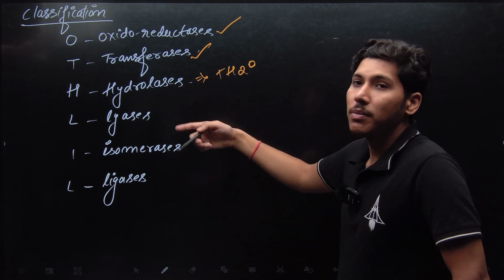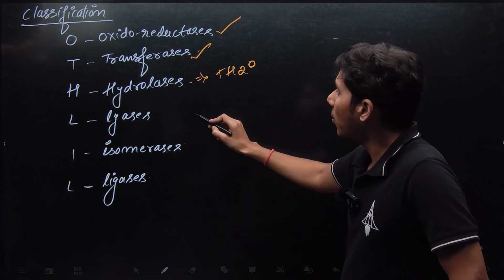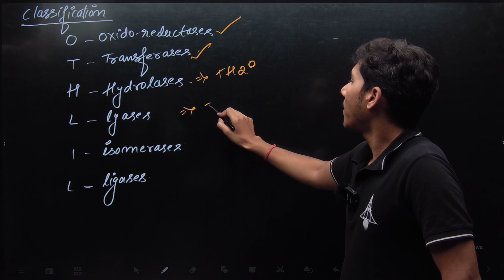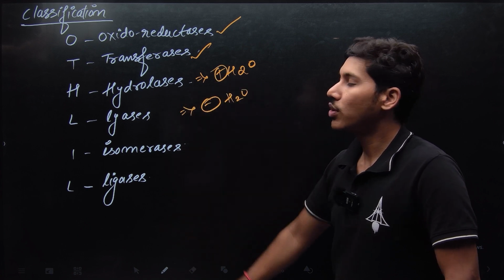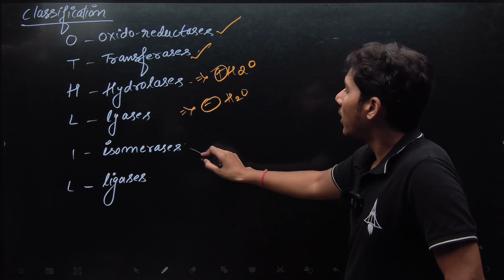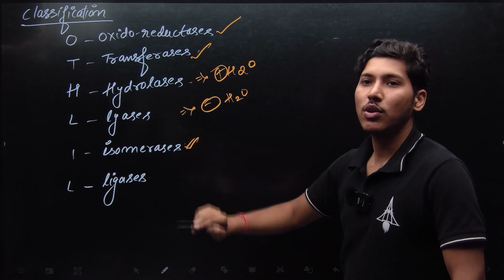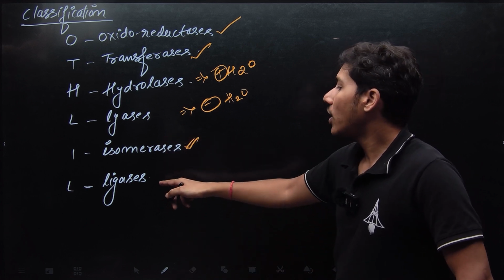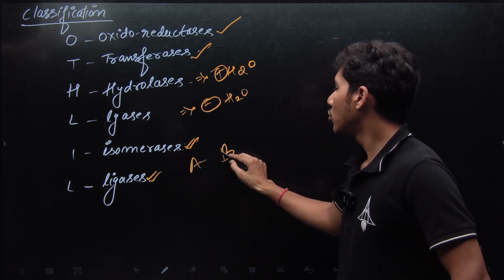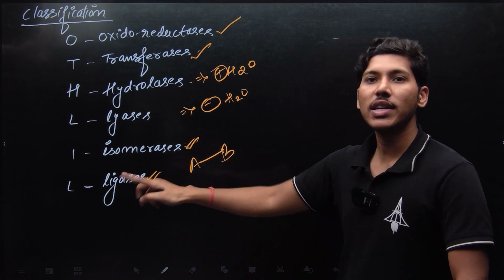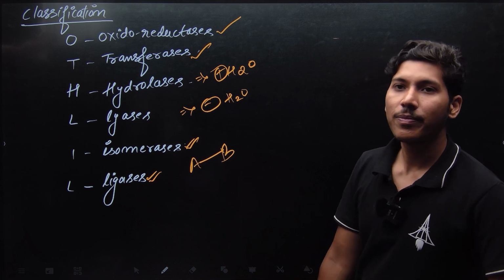If involved in breakage of a molecule in the absence of water, they are lyases. If involved in isomerization, they are isomerases. If involved in ligation, the joining of two groups, they are ligases. Okay, clear?